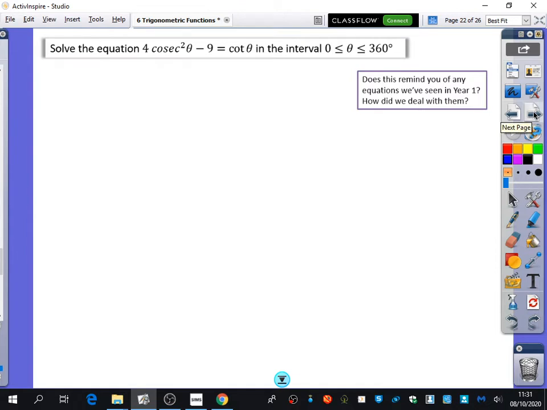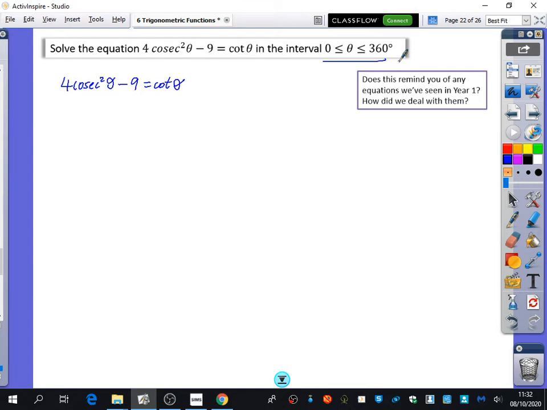So now we're going to have a look at solving an equation as well. So I want to try and solve this equation, which is 4 cosec squared theta minus 9 equals cot theta. And we're in degrees this time because it says between 0 and 360 degrees.